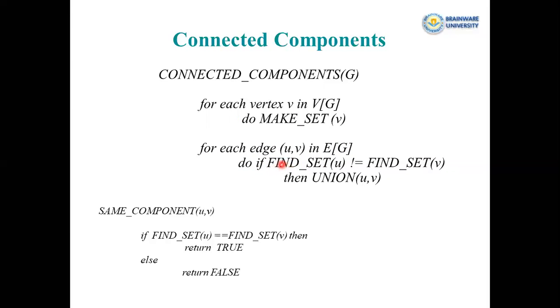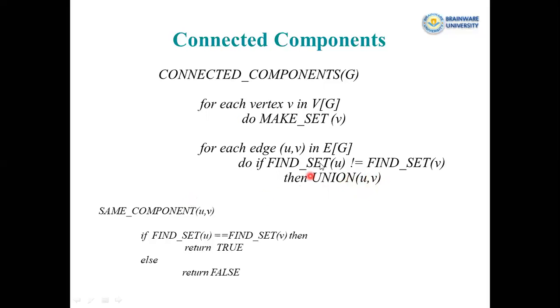Then we check whether find set of u is not equal to find set of v. That means first we take one edge, and then we check whether the two vertices of the edge, u and v, are in the same set or not. If they belong to different sets, then we apply the union operation on u and v. Then we join this u and v.